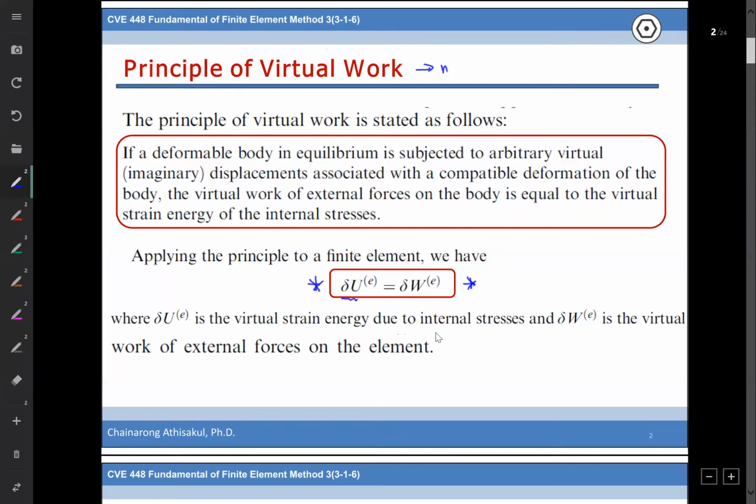It can be used for nonlinear problems, and especially it can be used for conservative systems and non-conservative systems.